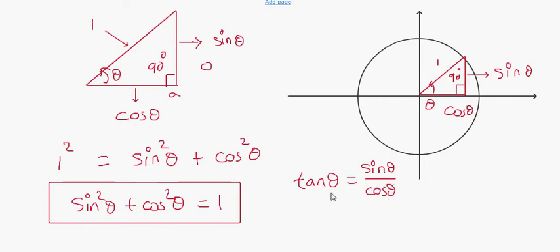Therefore, we can write tan theta in terms of sine and cos, which is tan theta equals sin theta divided by cos theta.